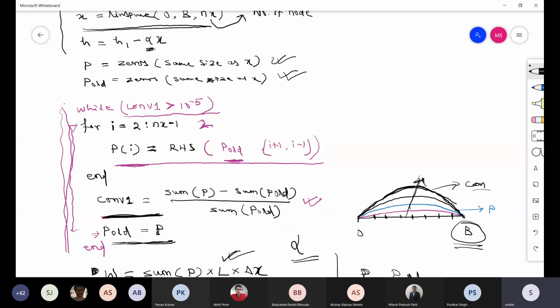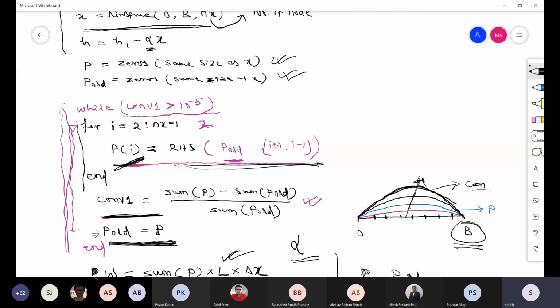In the first iteration, when you solve the first time in the first for loop, the right side values will all be 0 for P old. But P, this Pi, will not be 0. This will be updated. Some value will get into Pi. When you go to the next iteration, you are assigning P to P old.